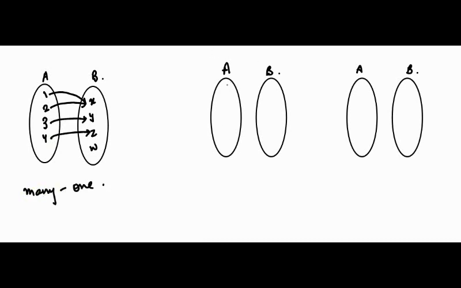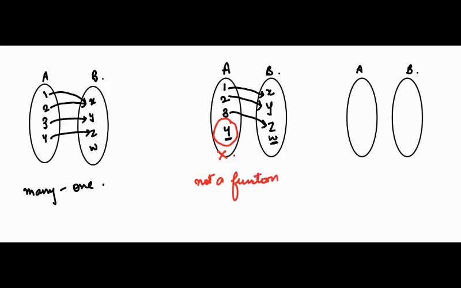Now if I have A as 1, 2, 3, 4 and B has X, Y, Z, W, where 1 is mapped to X, 2 is mapped to Y, 3 is mapped to Z, and 4 is not mapped to any element in B, then this is not a function, because every element must have an image.